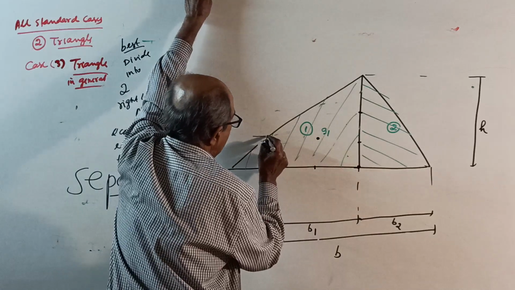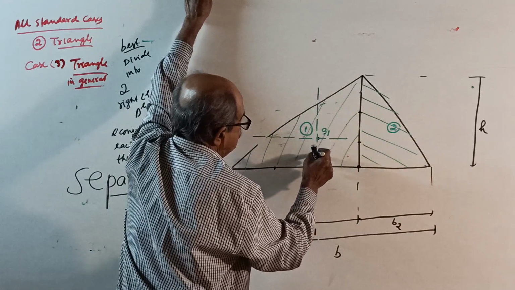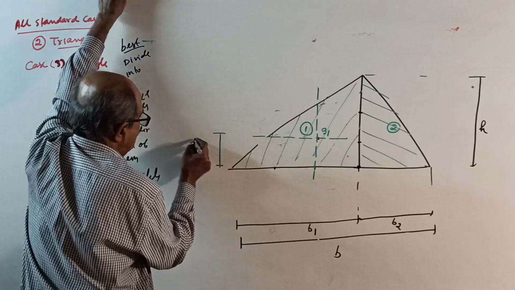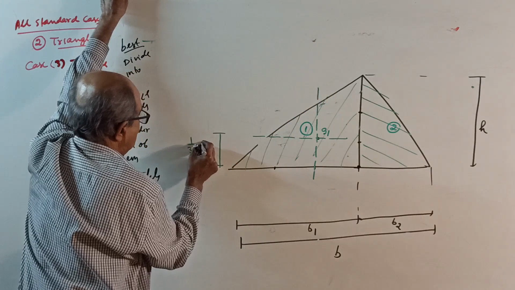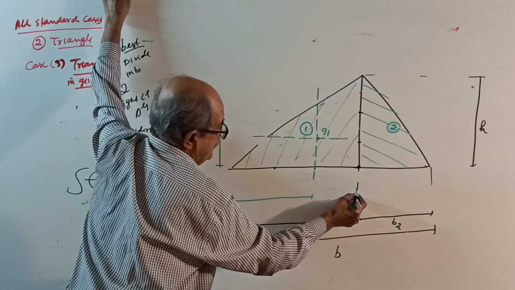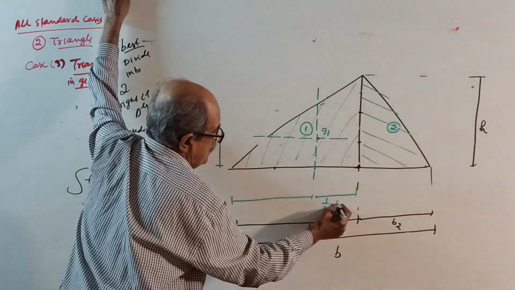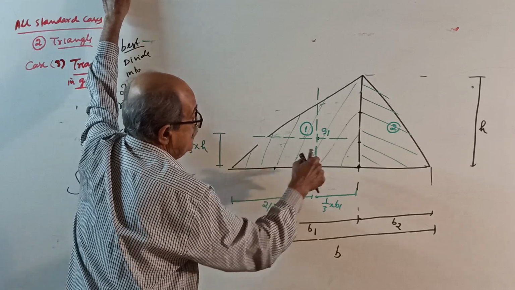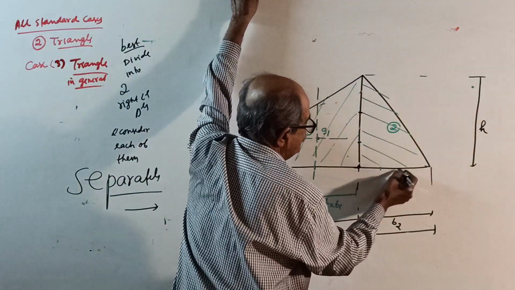Then one axis here, one axis here. And distance-wise, this is 1/3 of height h. And these are 1/3 of B1, and this is 2/3 of B1. Here, the height is divided 3 times, and the base also 3 times.